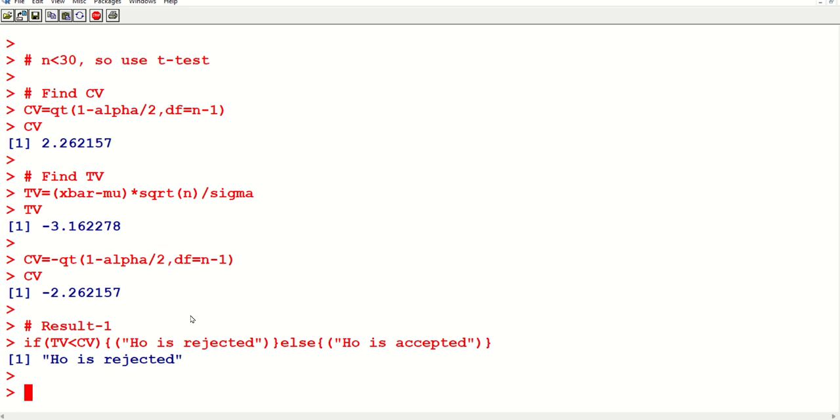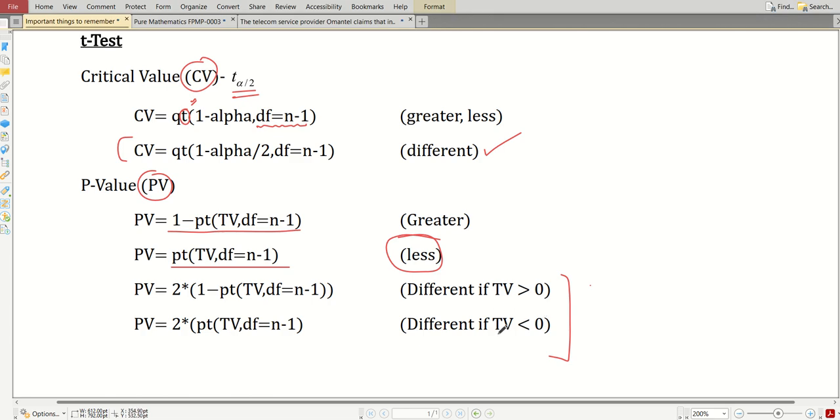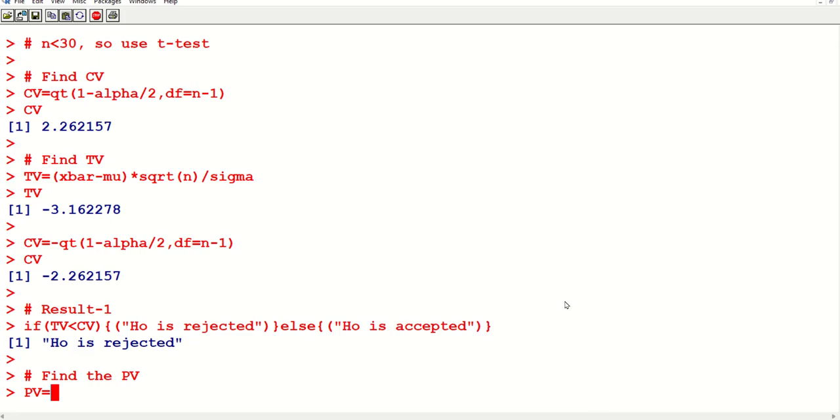Now the last step, find the p value here. Because it is different and the test value is negative, what we will do is 2 multiply pt, so 2 multiply pt and the test value, comma, degree of freedom is equal to n minus 1 bracket close.